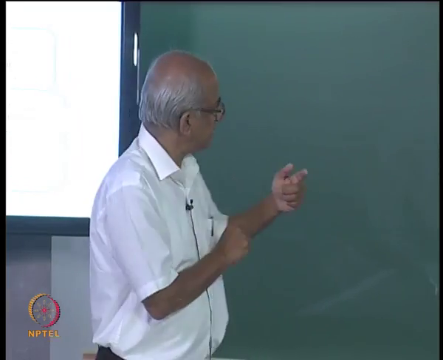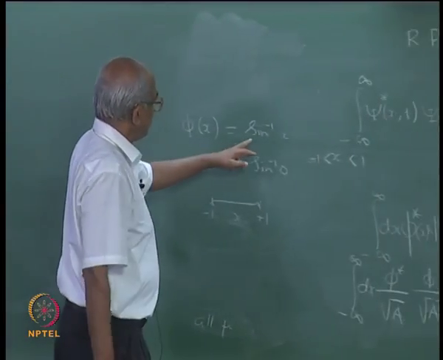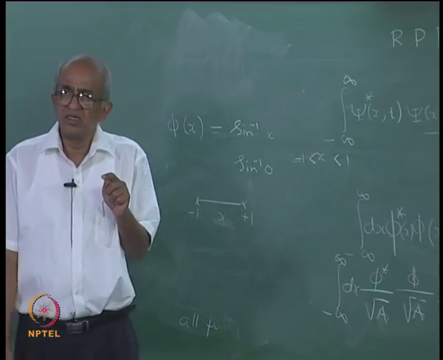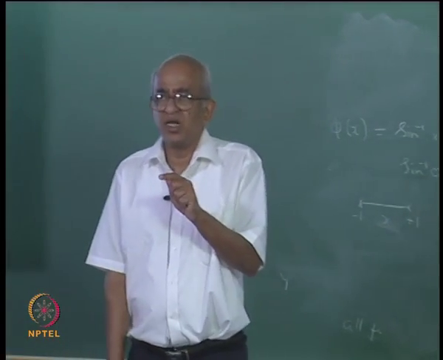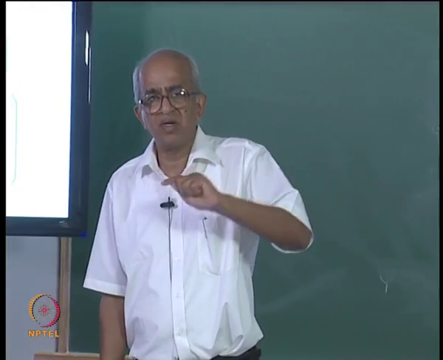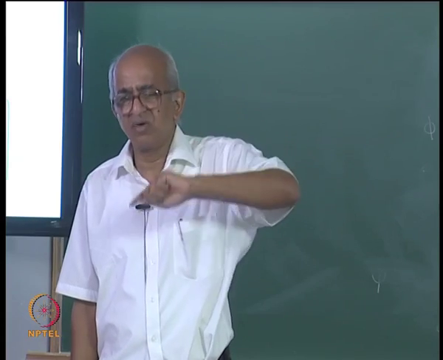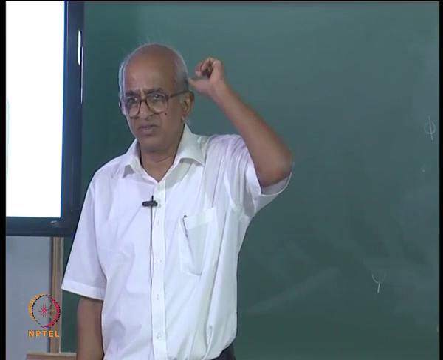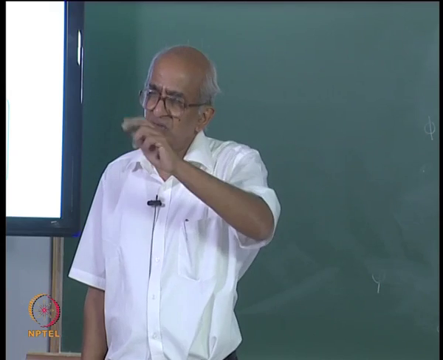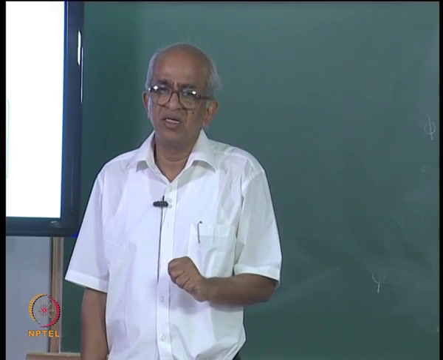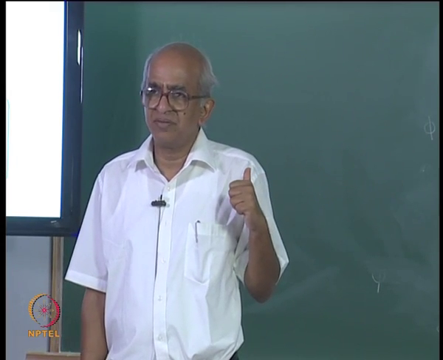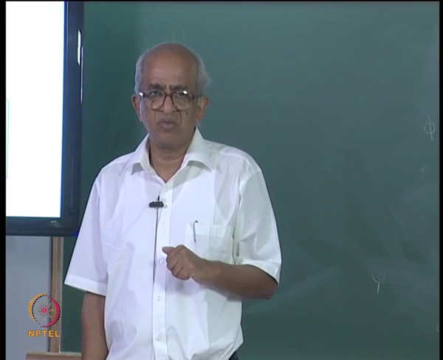So, sine inverse of x is not a single valued function, it has multiple values at the same point, in fact an infinite number of values. So, suppose your state function happens to be a multiple valued function, then you are going to run into problems.